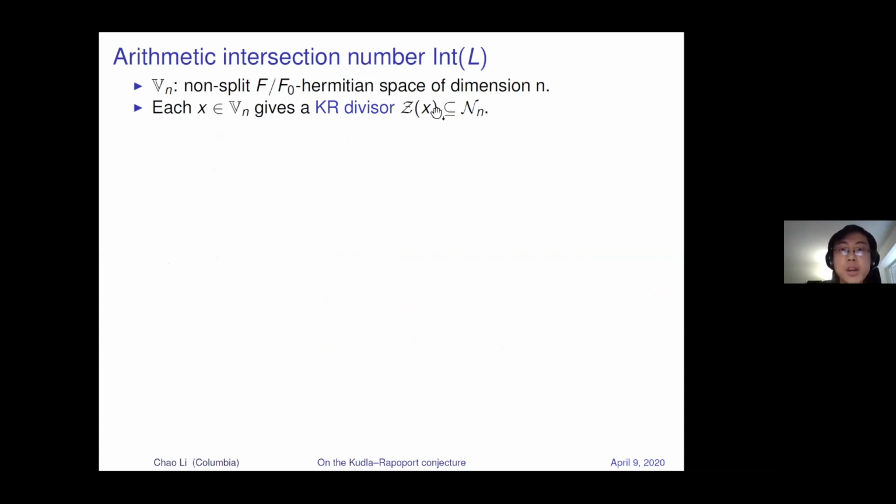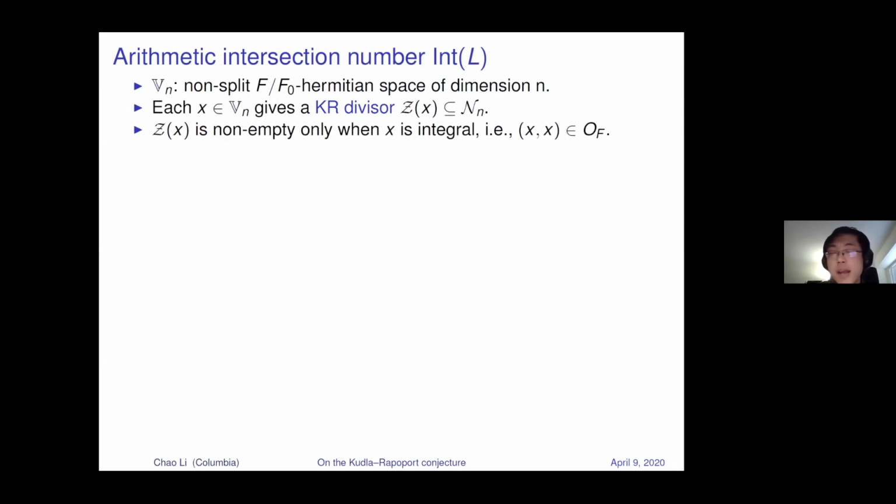You can require an extra condition: that this special quasi-homomorphism deforms to an actual homomorphism between the p-divisible groups. That is one extra condition, and it defines a divisor on this Rapoport-Zink space, which I denote by Z(x). By the moduli interpretation, this divisor is non-empty only when the vector is integral, namely the norm of this vector is in the ring of integers.